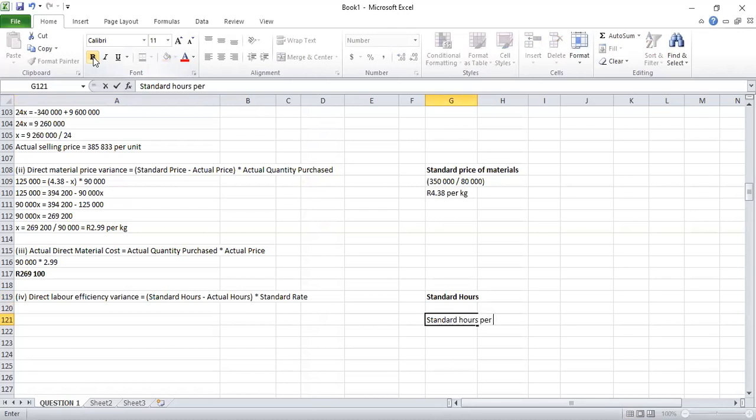Remember that the standards are the ones that are used to create the budget. So if you want to get the standard parameters, you can get them from the budget. It can give you what the standards are. So if we go to the budget, we can find how many standard hours per unit.